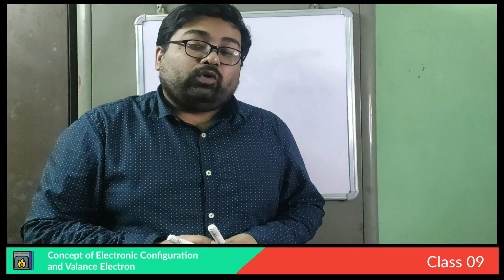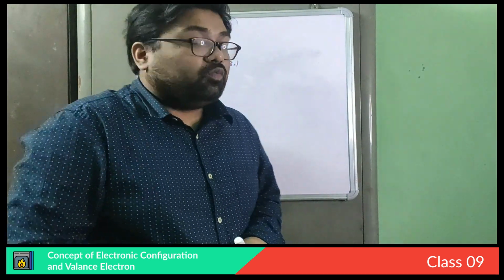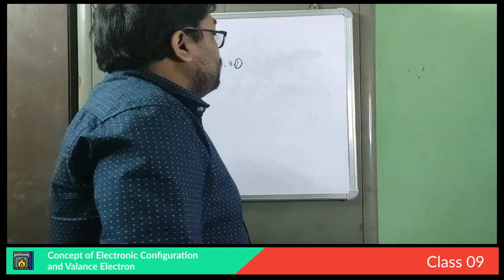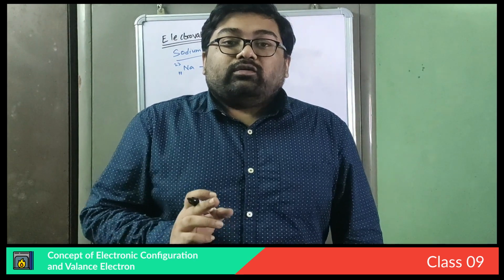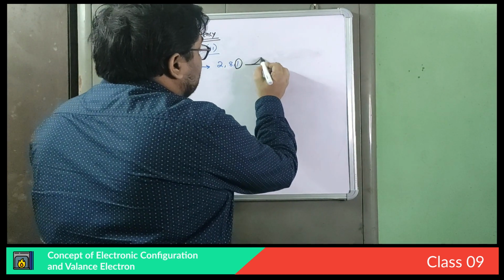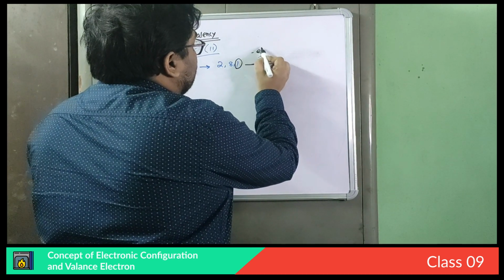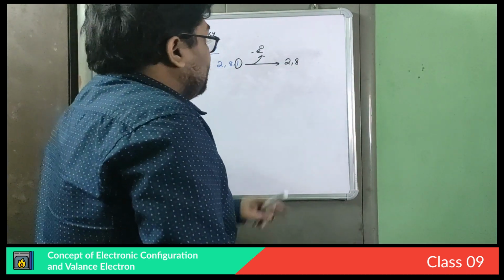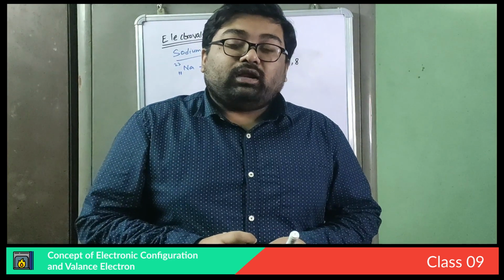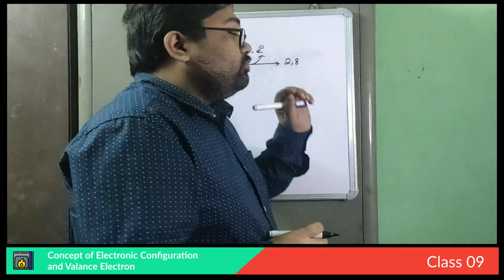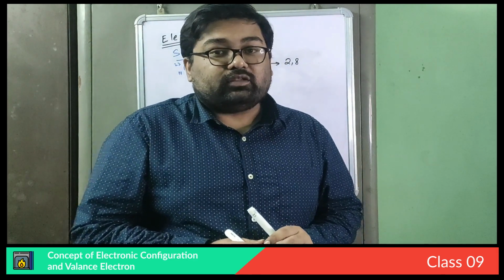Now see, the outermost shell of sodium contains 1 electron. This is the outermost electron. So in order to attain the nearest inert gas configuration, what will it do? It will tend to lose this electron and become 2, 8. And I have told you that if the outermost shell contains 8 electrons, then that atom or ion is very stable in nature.